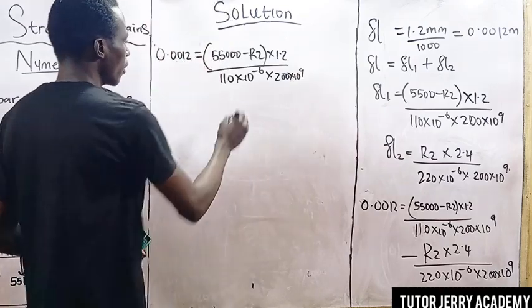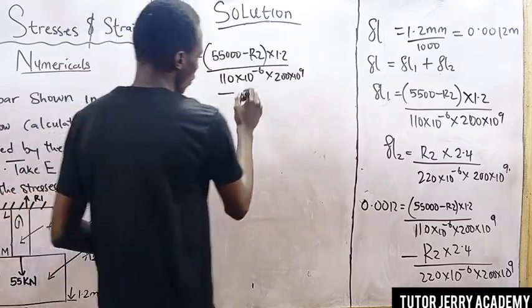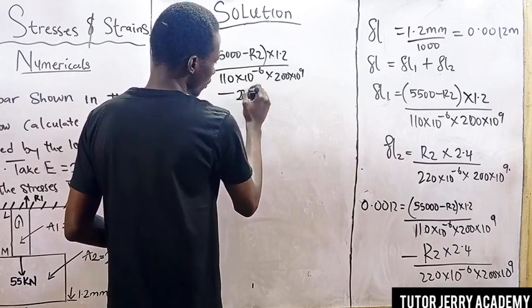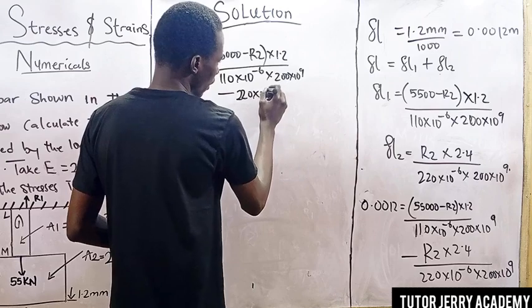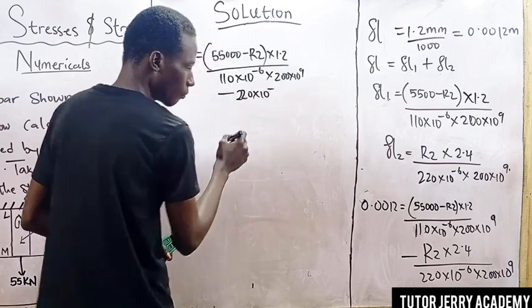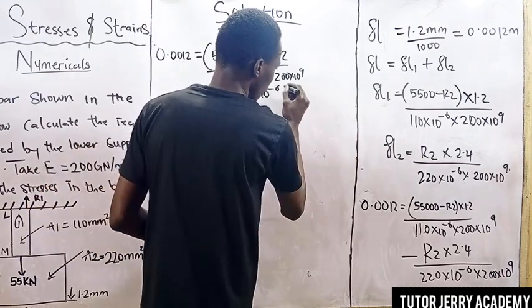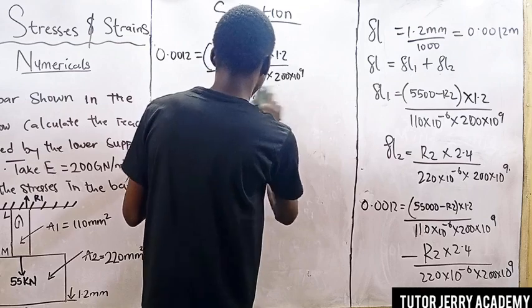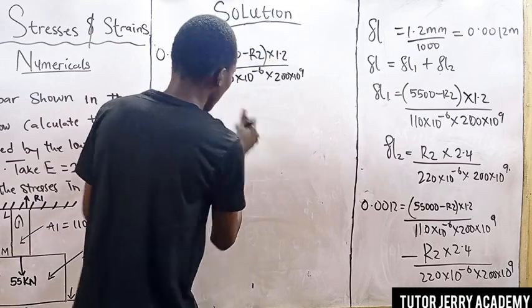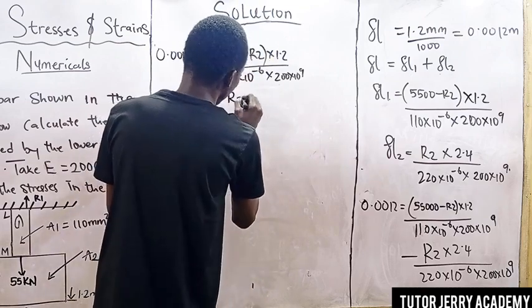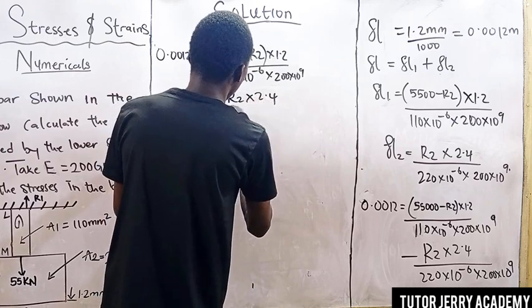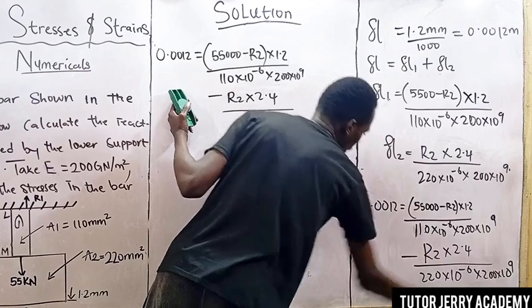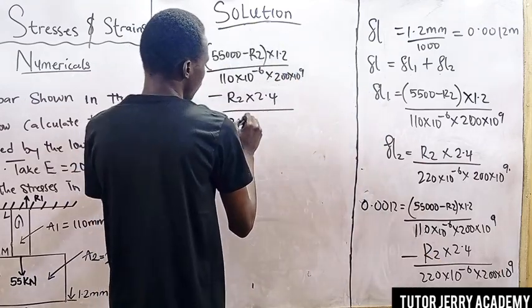What we have here, we are minusing 220 times 10 to the power of minus 6 divided by, what we are having, R2 first times 2.4 all over 200.